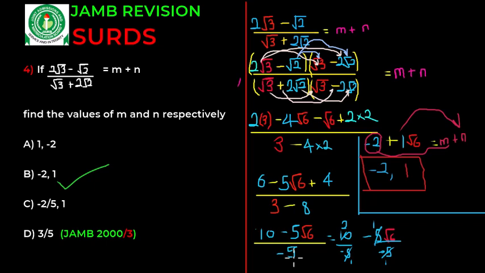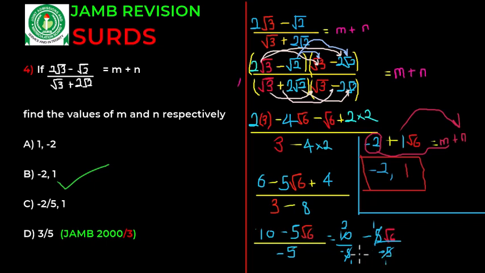So don't be tempted to subtract 5 from 10. For us to cancel it, we can break it down by saying 10 over minus 5, then minus 5 square root of 6 over minus 5.